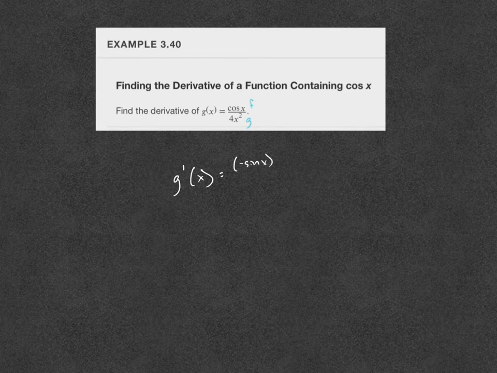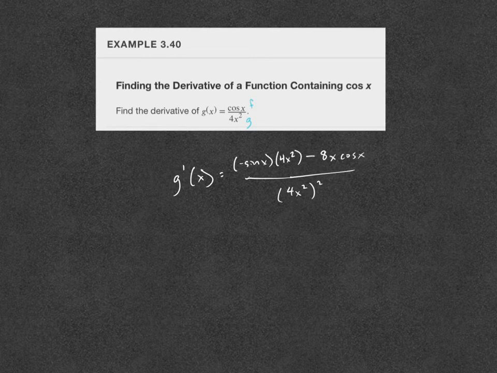The derivative of cosine x is negative sine x times 4x squared minus, because it's the quotient rule, derivative of 4x squared is 8x times the cosine of x. All that gets divided by 4x squared, and that is to the second power.